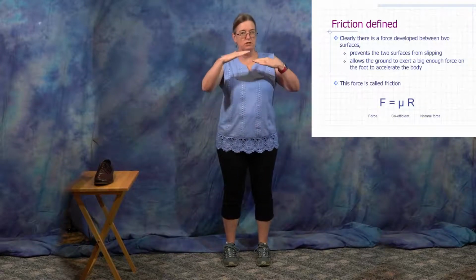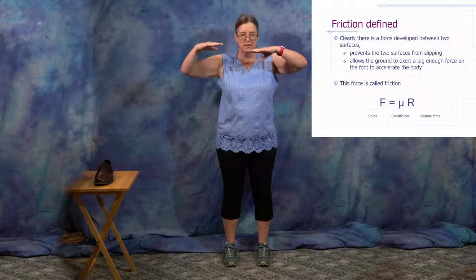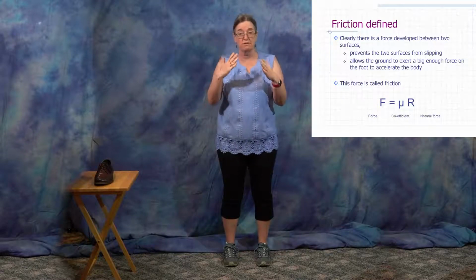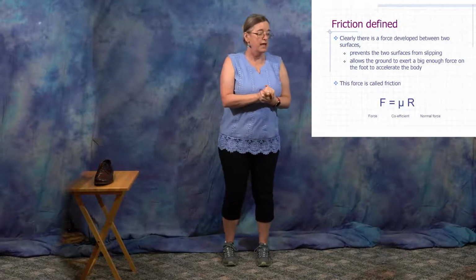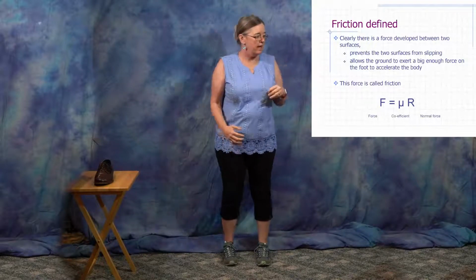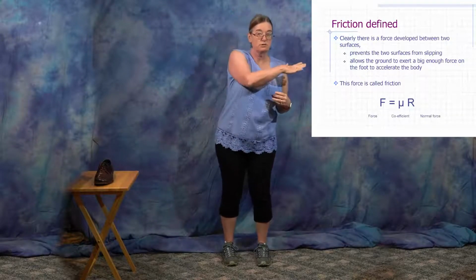So, clearly there has to be a force developed between two surfaces on top of each other, along the direction of the surface itself, that prevents those two objects from slipping with respect to each other, and that allows us to accelerate.